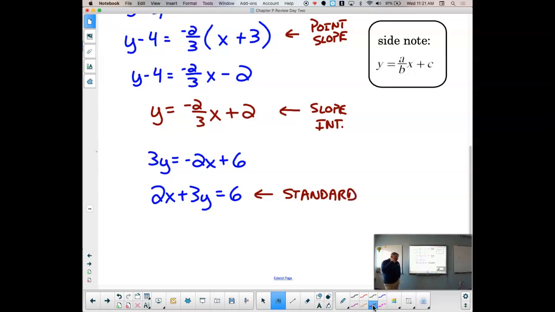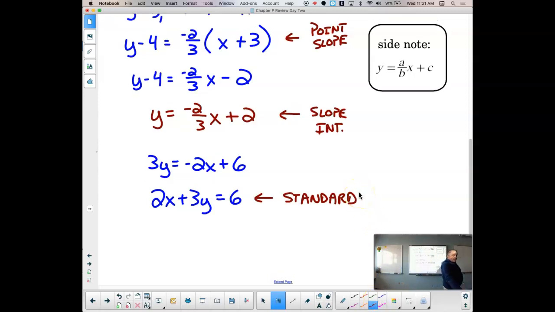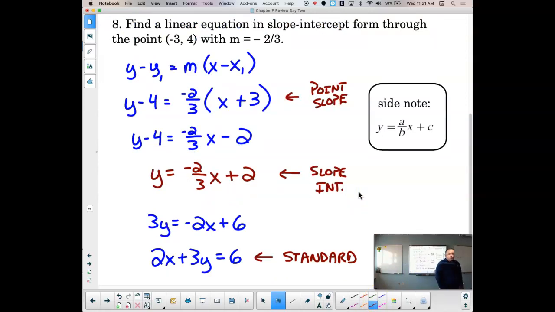And that is the standard form. Okay? So you need to be well versed in going back and forth between all 3 forms.